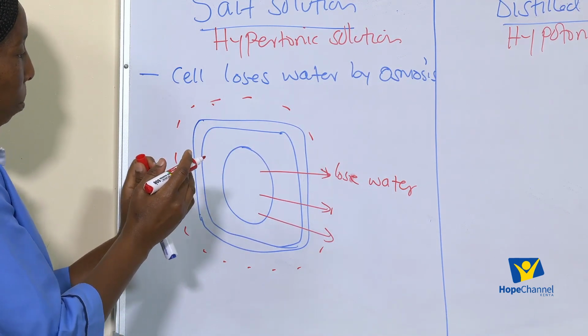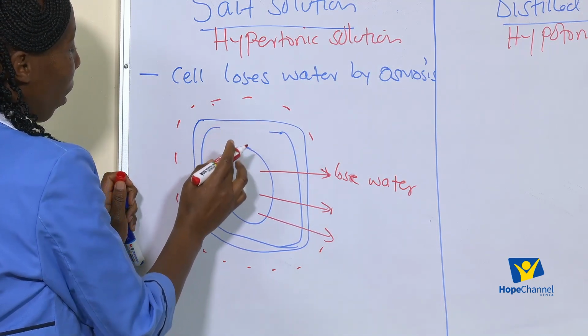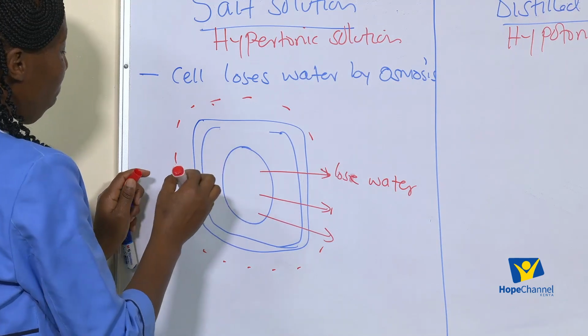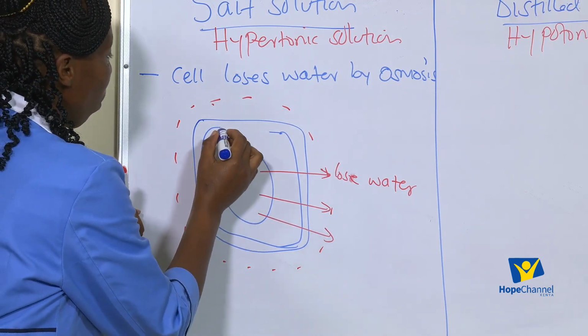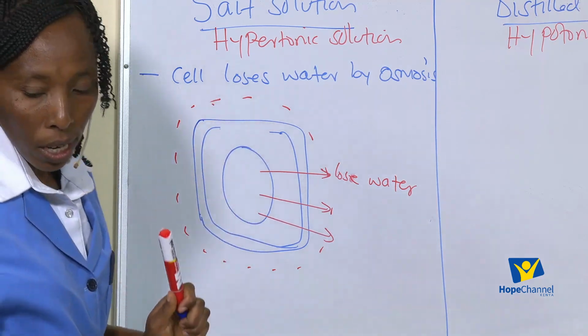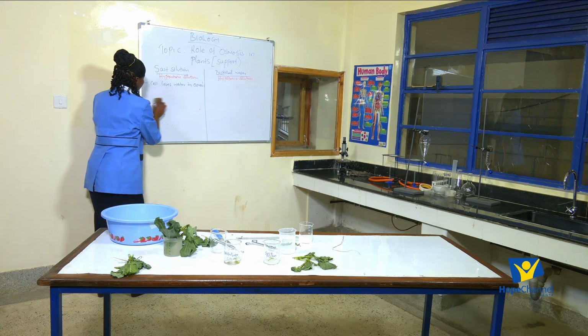At the same time, we expect the cell membrane to detach from the cell wall. If I was to draw that, I will draw it like this.